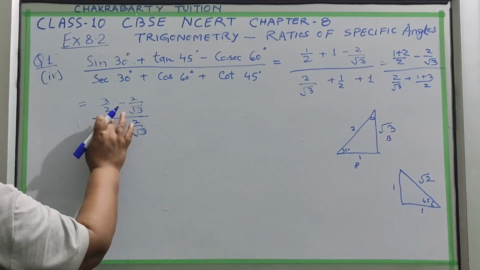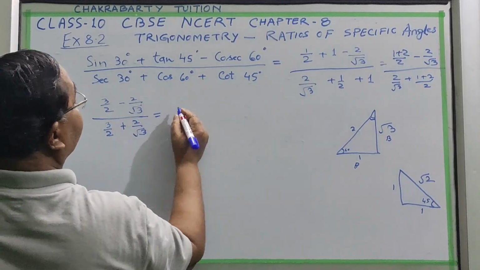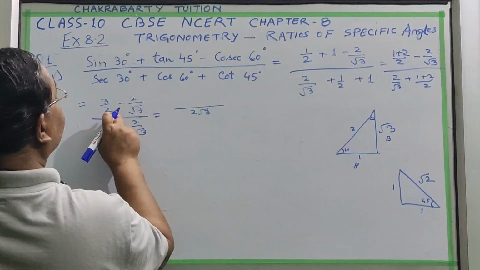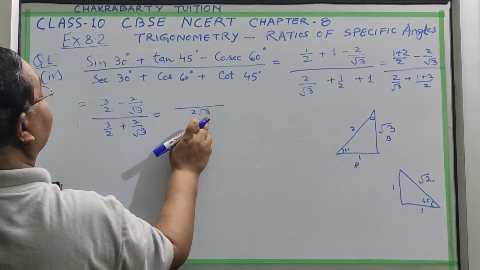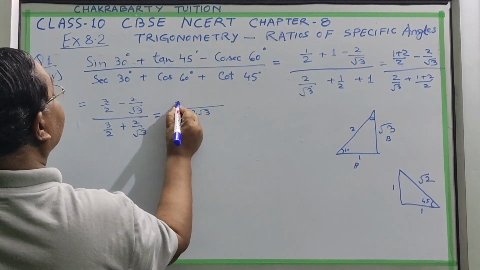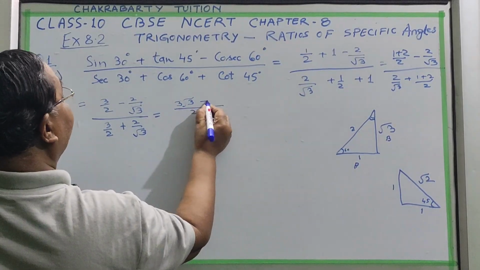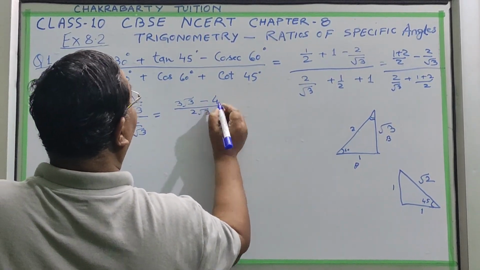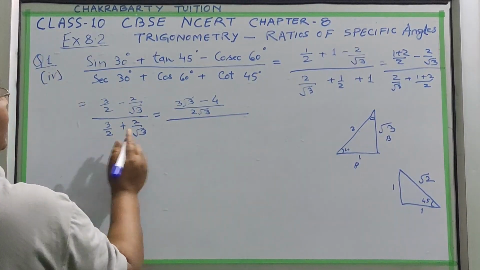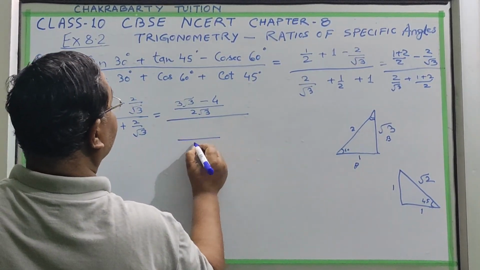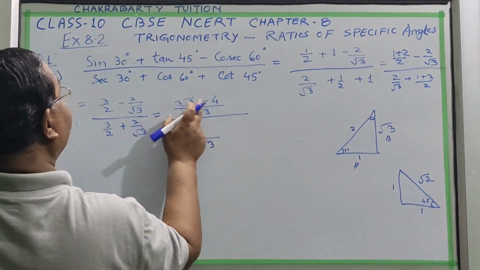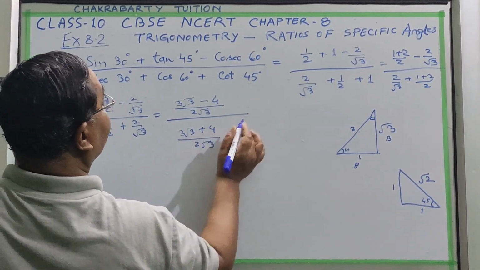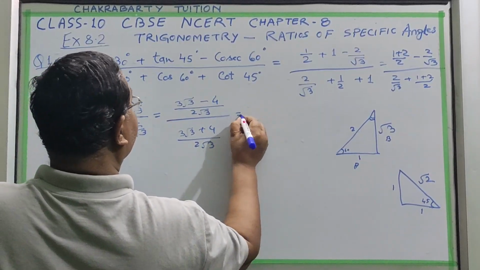Now again we will take LCM and solve it. So LCM will be 2 under root 3. 2 will divide it, you will get under root 3; under root 3 and 3 will multiply, it will come 3 under root 3 minus. By 3 you will divide, you will get 2, and 2 and 2 it will become 4. And here also you will get the LCM like this, 2 under root 3, and the same figures you will get here also: 3 under root 3 plus 4.